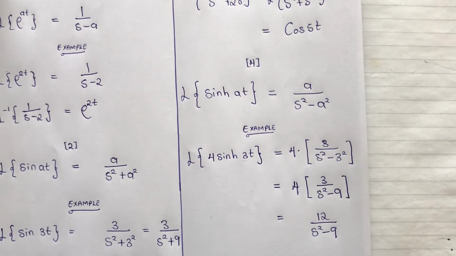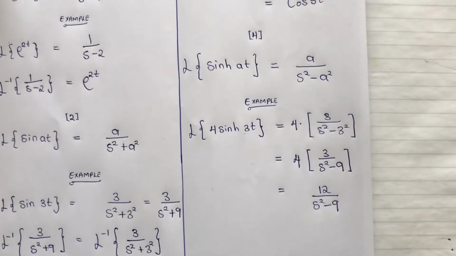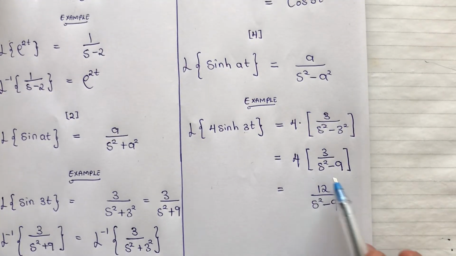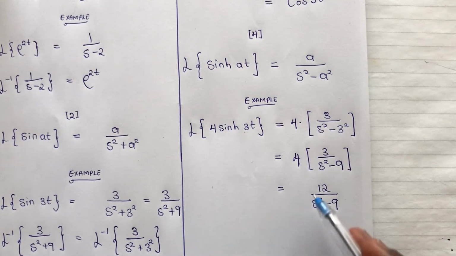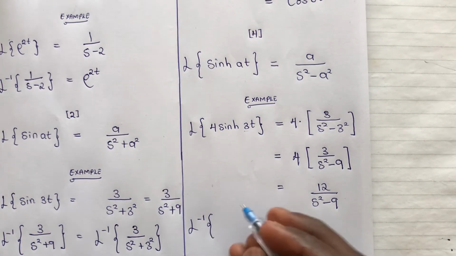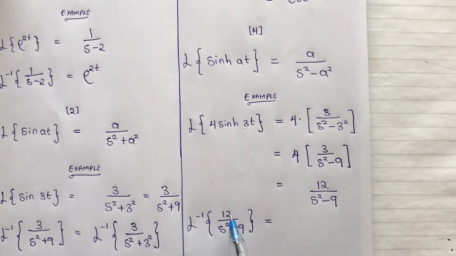Now watch this carefully. How then do we find the inverse of this? Now, it is very simple. We take the inverse of this one and convert it back here. So the Laplace inverse, L inverse of 12 over s squared minus 9. Break the numerator down, because you know that 3 squared will give you 9.